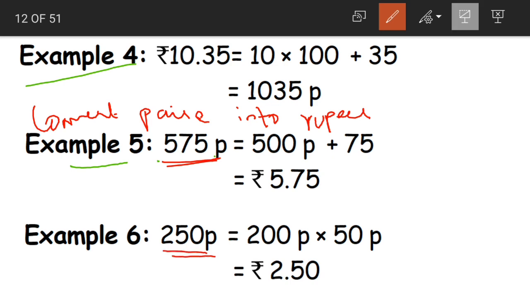Yes, so these paise are to be now converted into rupees. 575 paise. Now how to do this is, if you remember about paise, 1 rupee is equal to 100 paise, and after the point 2 places are reserved for paise, 2 digits.